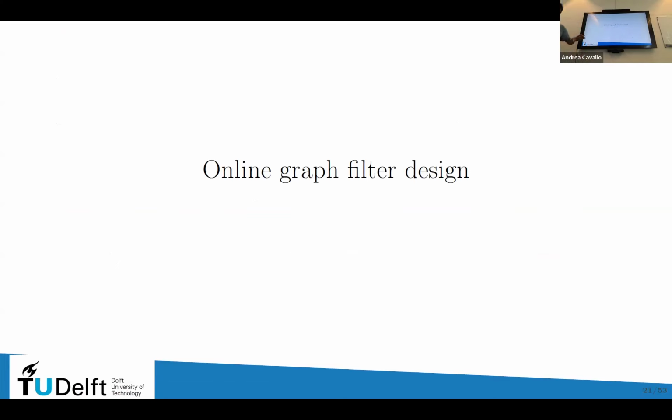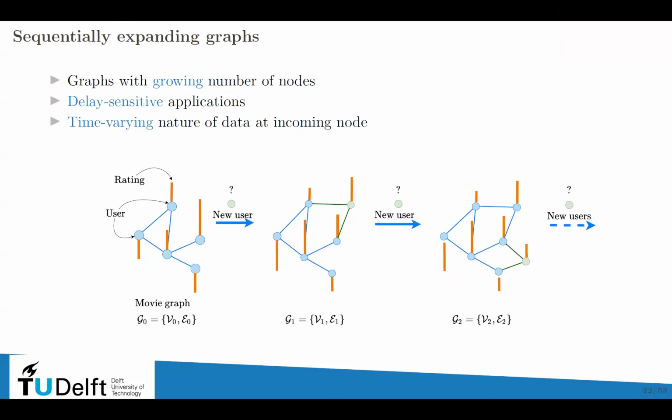Now, what we saw previously was this training with replacement, in which you have a batch of nodes, you pick one and then you put it back, because that's how we wanted to study the attachment in itself. But that is not always realistic, because we have cases with new users coming or new nodes joining in, and we want to make a prediction, and then this node is absorbed into the graph, and then we have another node, and that node is also absorbed into the graph.